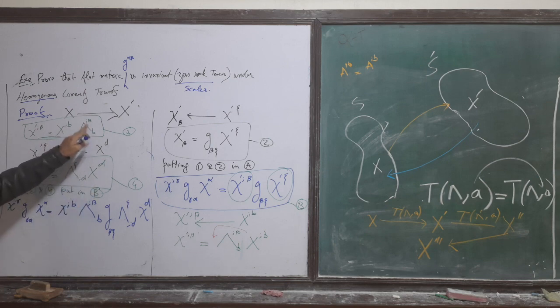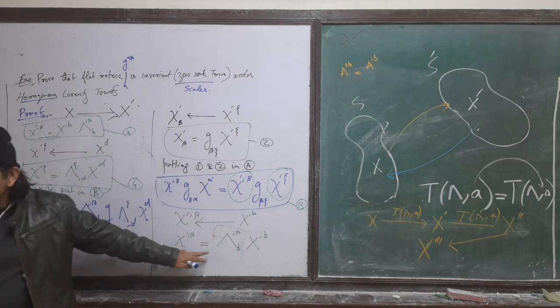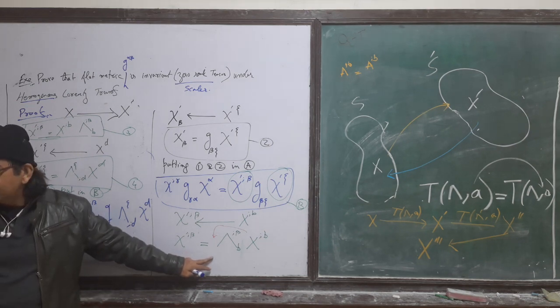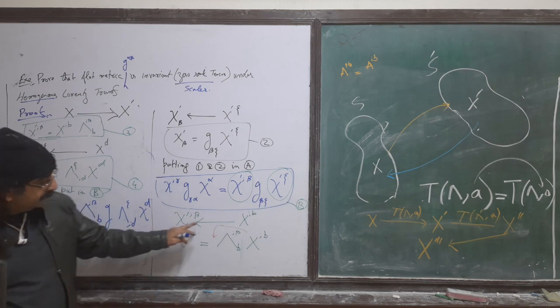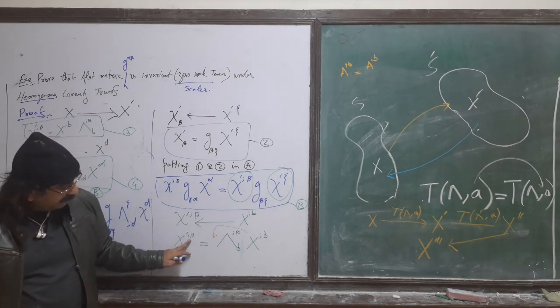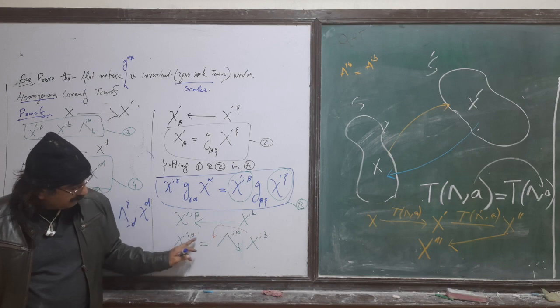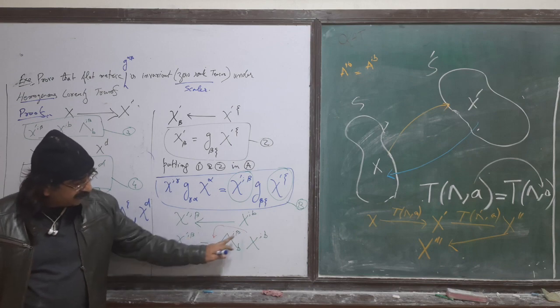B is contracting with D. These are the transformation laws. What did you not understand? Whenever you take it, if this is a free index, this is a column.